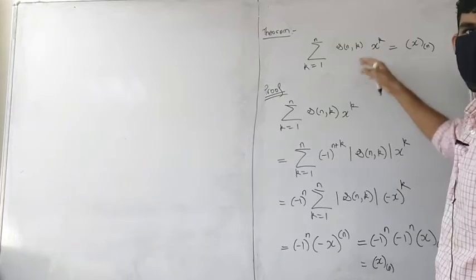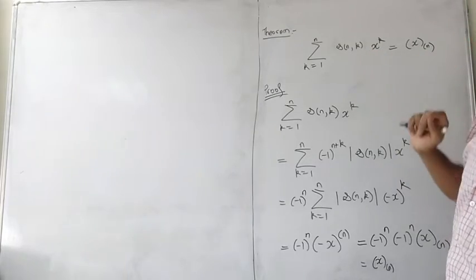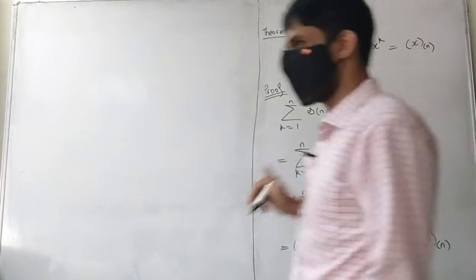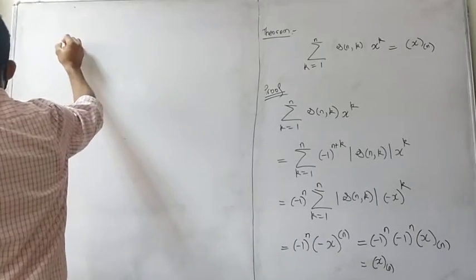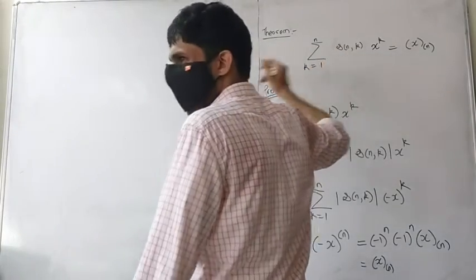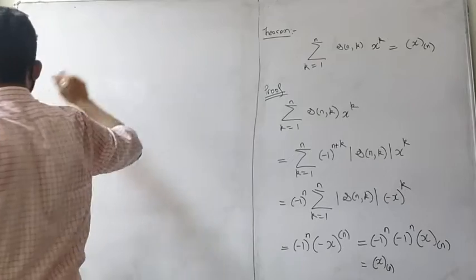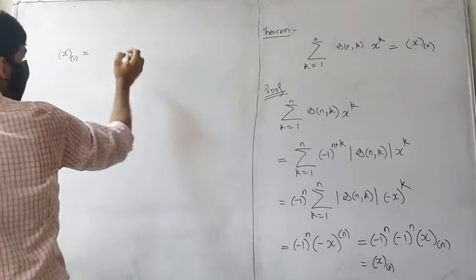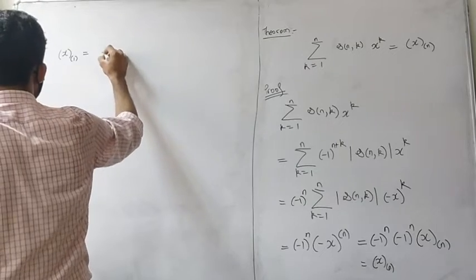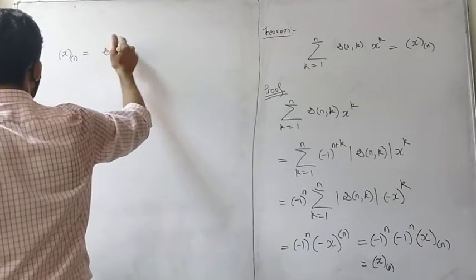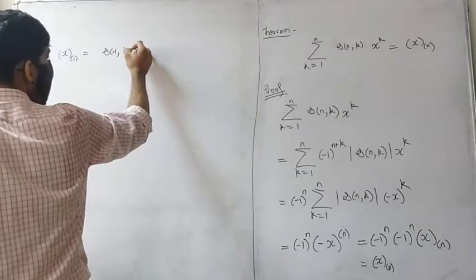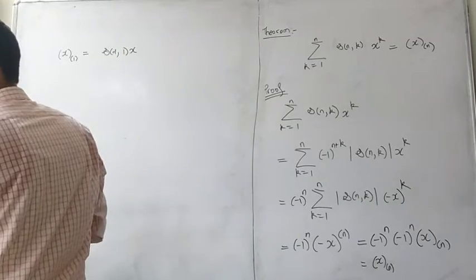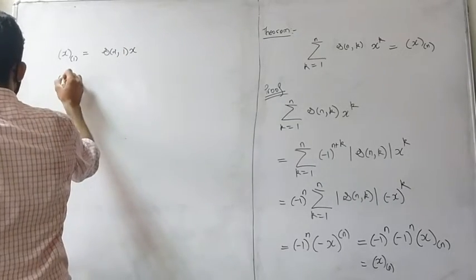The usual basis of that vector space is 1, x, x squared, up to x raised to n. Can you see that? Let me show you. Of course the zeroth term is obvious, 1 is equal to 1. That's the same. But what is x1? Let's see. This is nothing but s 1 comma 1 x, right? What is x2?